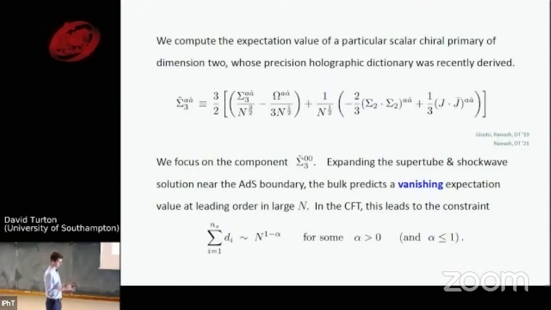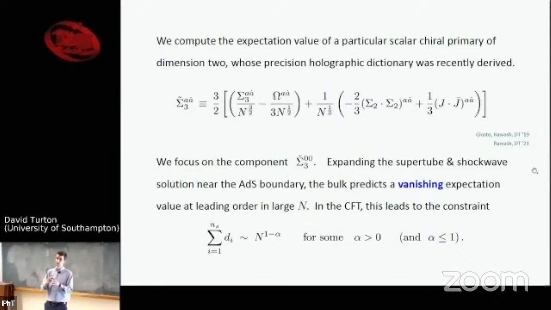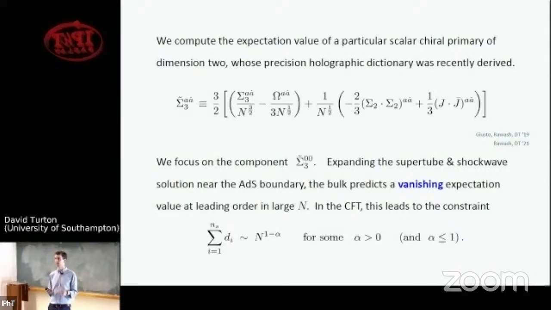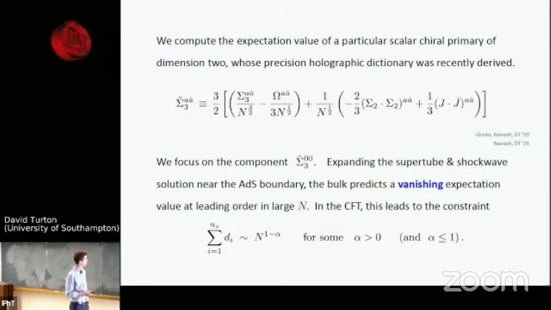And in these CFT states, we therefore also require a zero, but we have quite a non-trivial cancellation to arrange between 3 components here, which have non-zero vevs. So the sigma 3, omega, and JJ bar all have non-zero vevs, but their precise combination in this operator has to have a zero expectation value at leading order in large n.